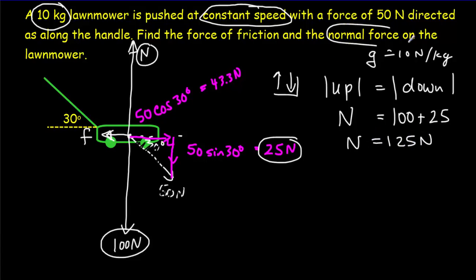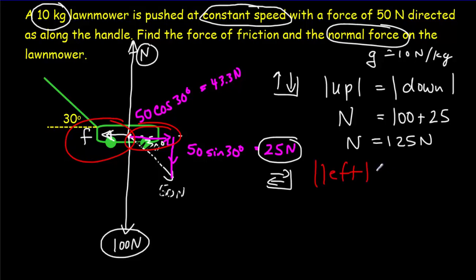So now we've got the normal force. Let's go on and look at the horizontal forces. Once again, the horizontal forces are independent of the vertical, so it's a totally separate problem. Now, there's got to be no overall horizontal force. So if I look at the stuff to the left and the stuff to the right, they should equal each other.